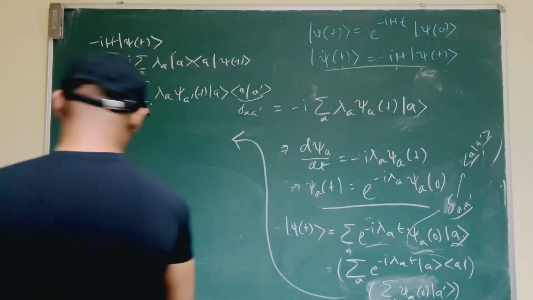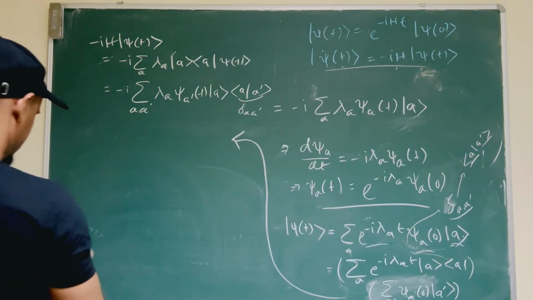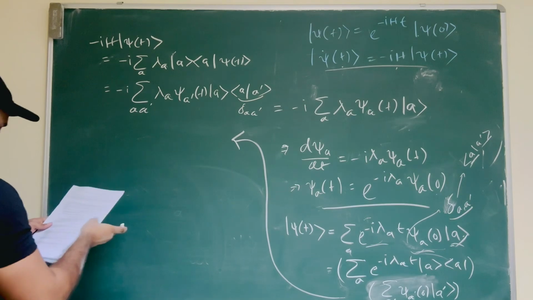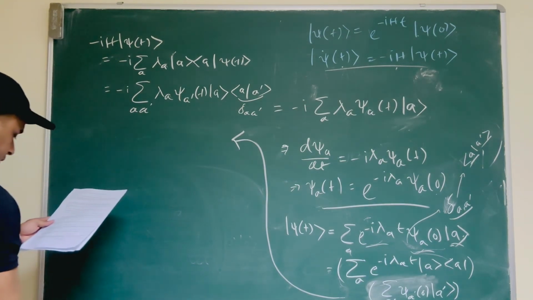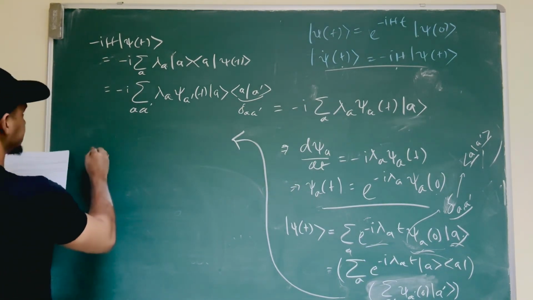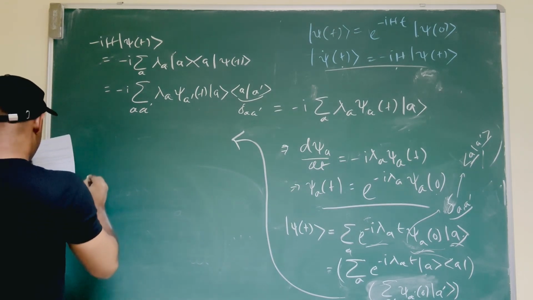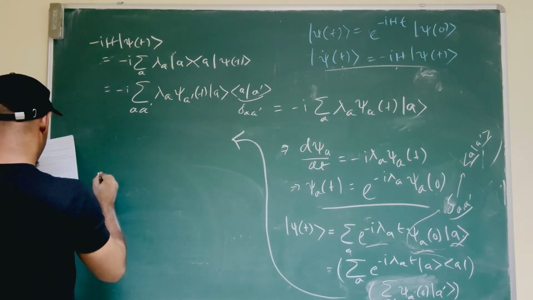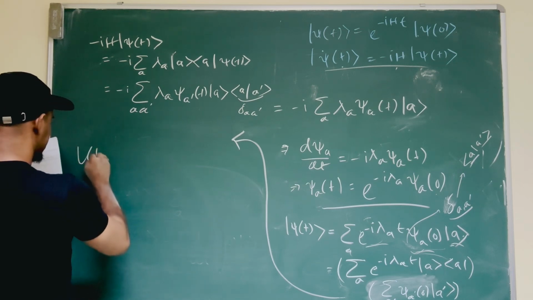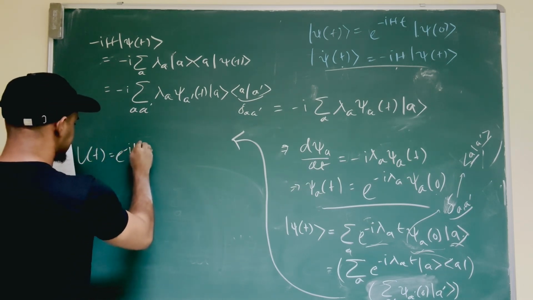It was the spectral decomposition. If you remember, we did the spectral decomposition of U of t, which equals e to the power minus iHt.